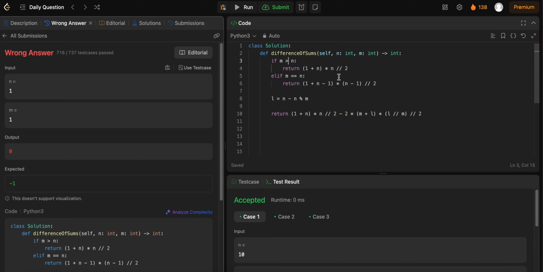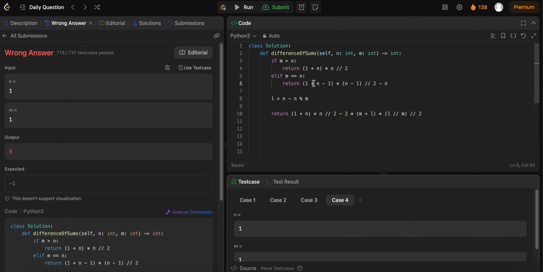So if they are equal, yeah, of course, I have to subtract the largest element here. What I've done is I've just calculated nums1 here, but I forgot to minus nums2. So I think now it should work.